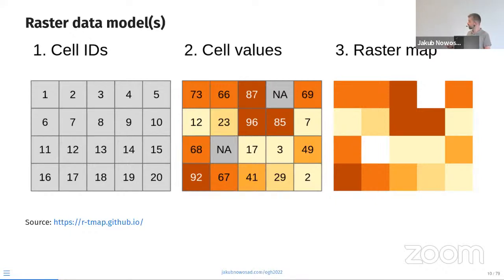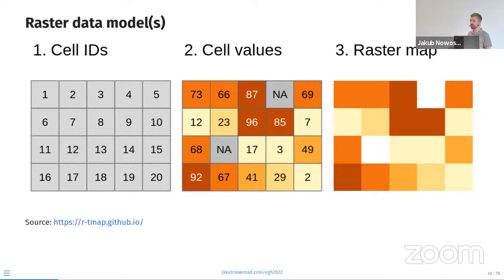This idea is good for large data because compared to the vector data model, we do not need to store all of the coordinates. So try to even imagine that on this very simple example. In this example, if I want to store this data as polygons, I would need to have 5 points for each cell.